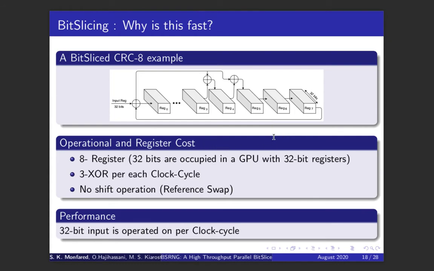So you don't actually have any instruction for the shift. You just change the reference of the register in the implementation. Now the output performance of this BitSlice implementation is that 32 input bits are operated on in a clock cycle, right?